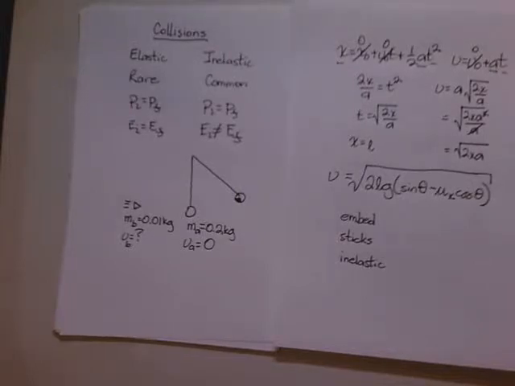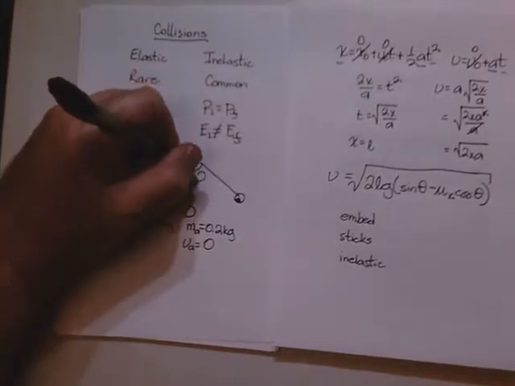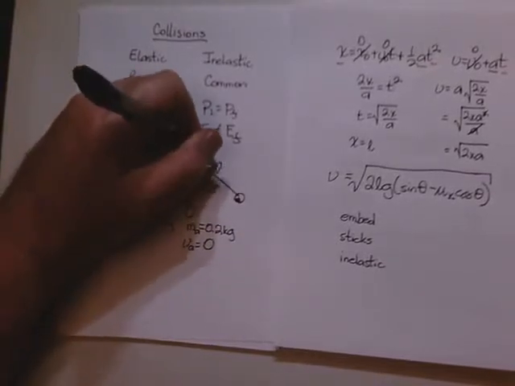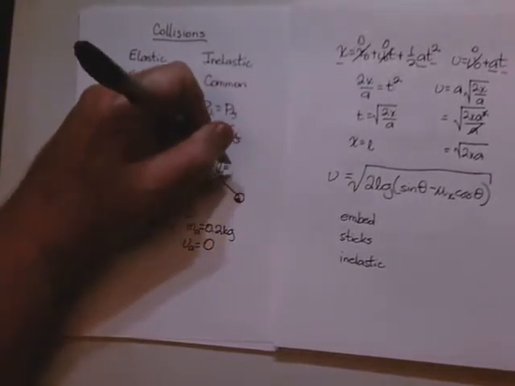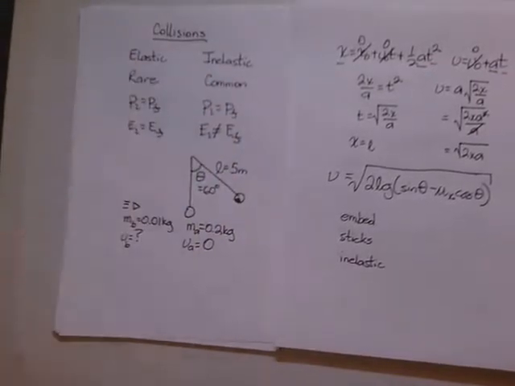So for this, the angle here is 60 degrees, and the length is, we'll make it interesting, 5 meters. So the question is, what is the velocity of the bullet when it impacts the bigger ball?